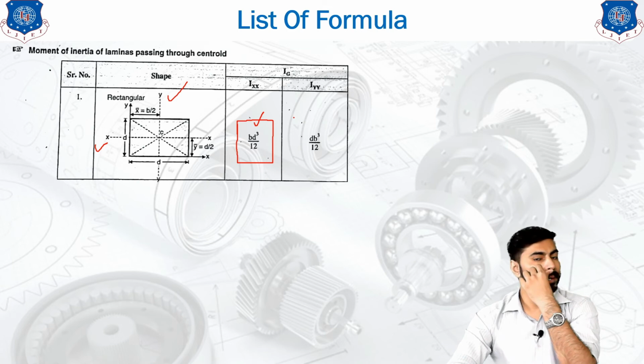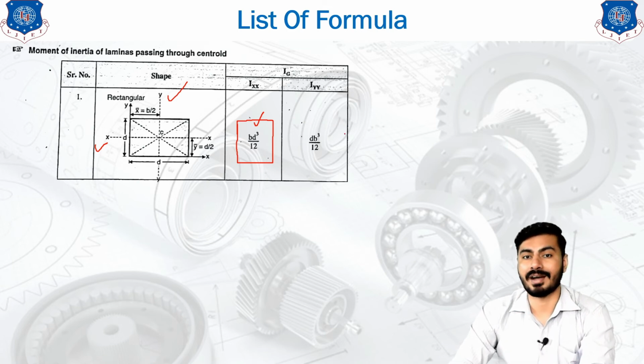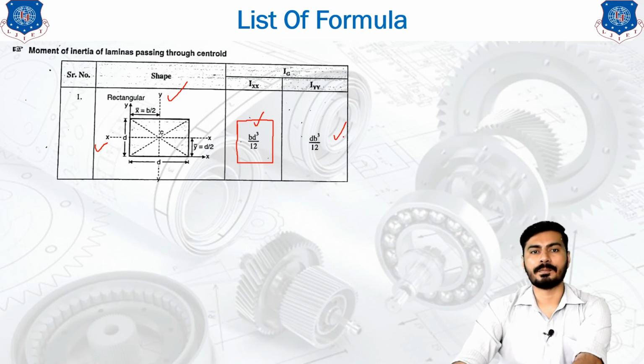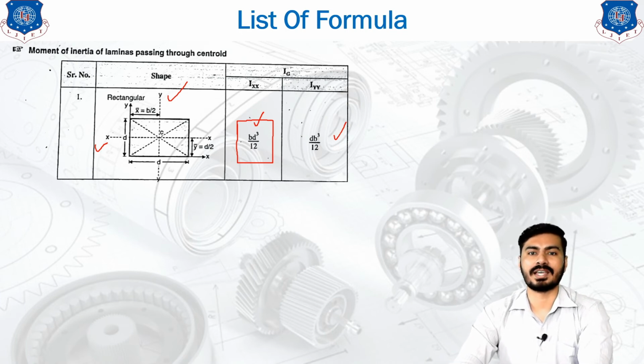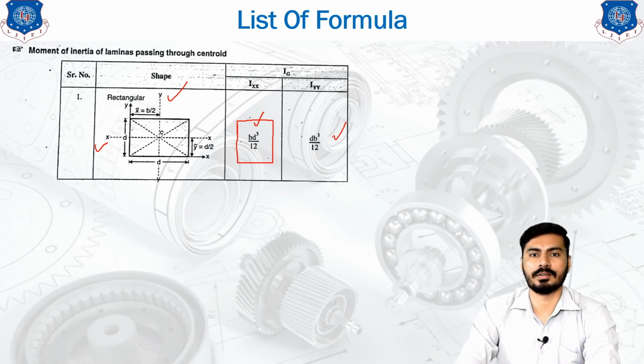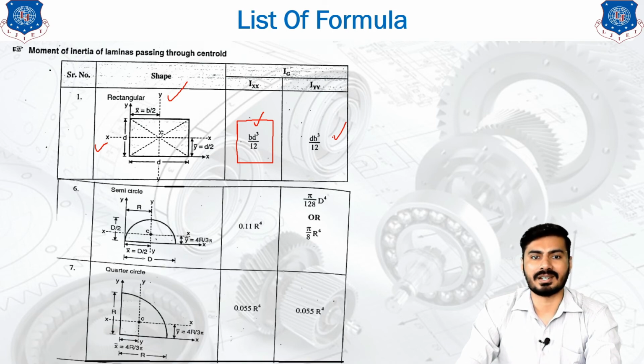Similarly, if you want to find the moment of inertia about the y-axis, then our formula would be DB cubed by 12. These formulas have already been discussed in the previous derivations. I am providing you this table just to summarize the list of formulas so that you can remember that list of formulas.